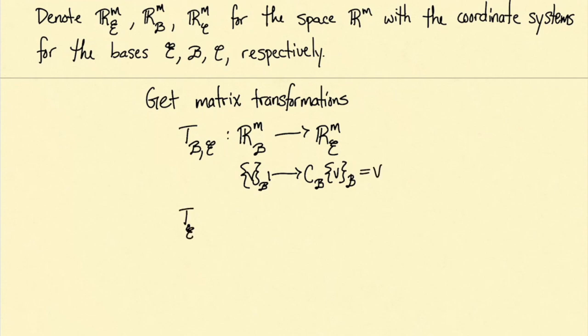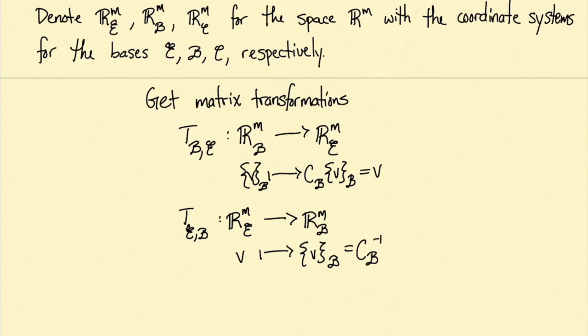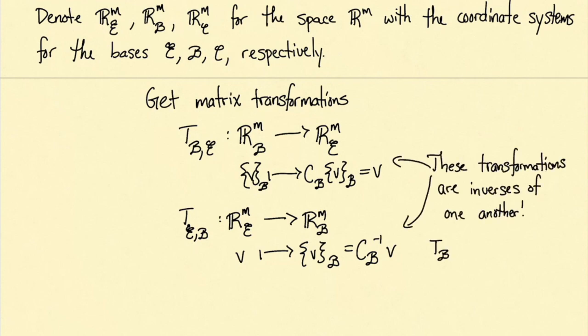Similarly, the matrix C sub B inverse gives us a matrix transformation in the opposite direction. We call this one T sub E,B because it starts from the standard basis and ends up in our basis B. It accepts a vector V and multiplies that vector V by the inverse of the matrix C sub B. And it's easy to see that these two are inverses of one another.